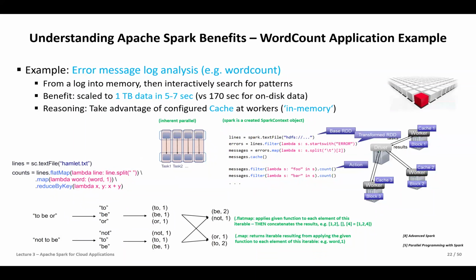Now let's look at a very simple, quite well-known idea: the word count application. In this class, it's the number 1 example of Hadoop, which shows the essence of how quickly you can go through data.